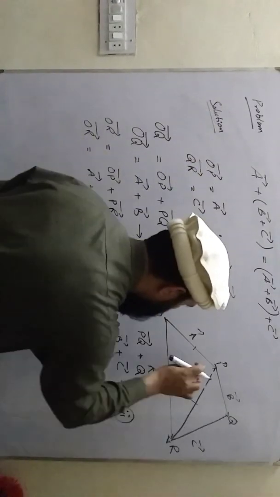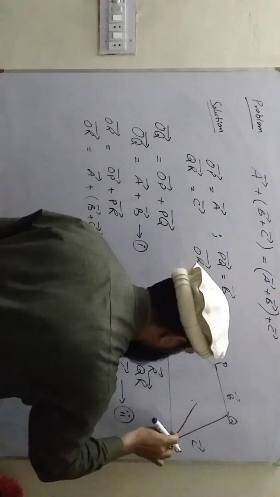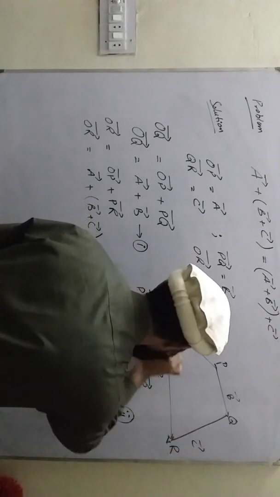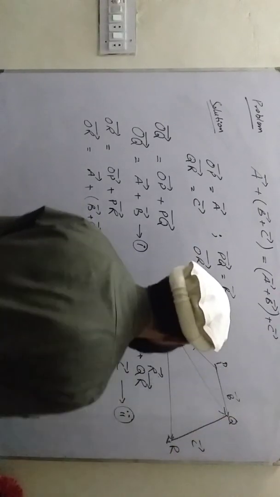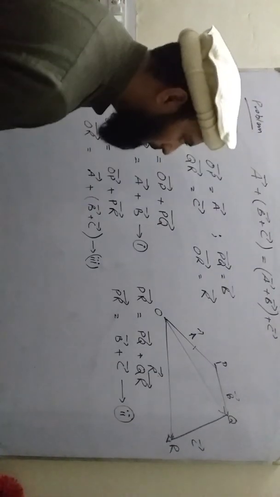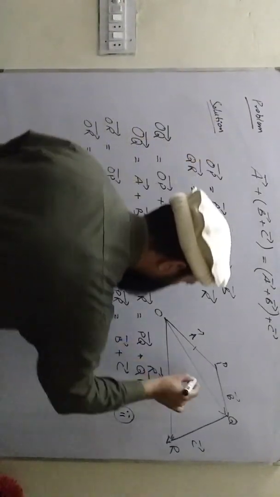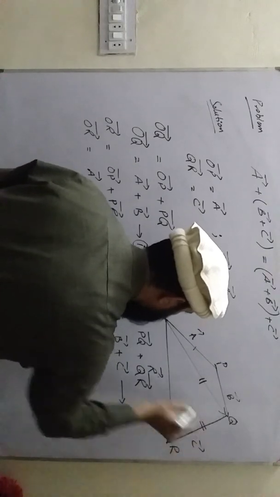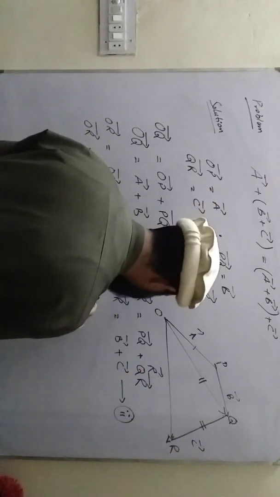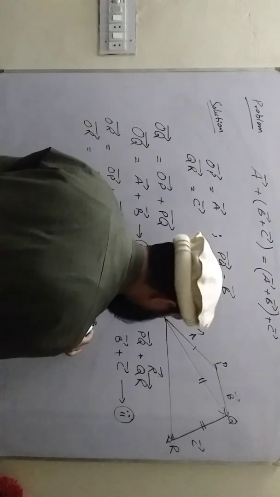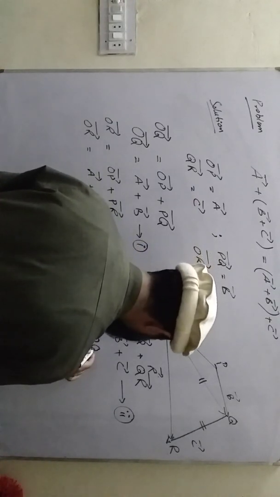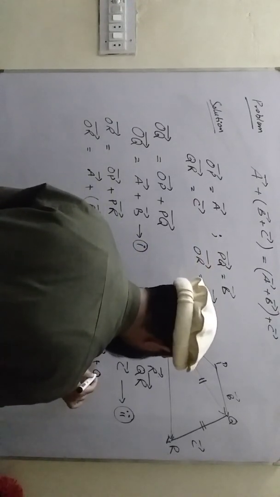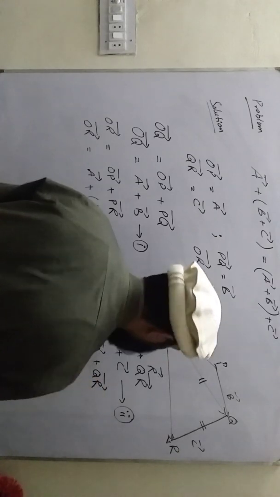Again, if we consider only OQ and QR, OR is the sum of OQ and QR.